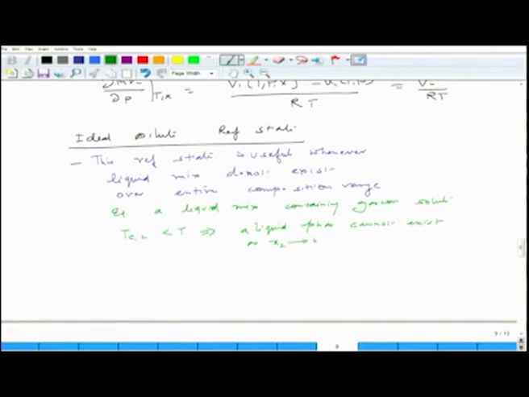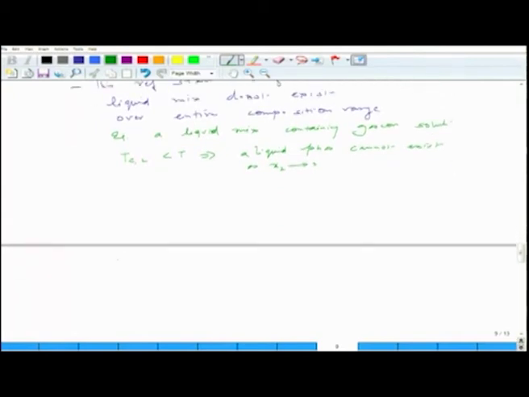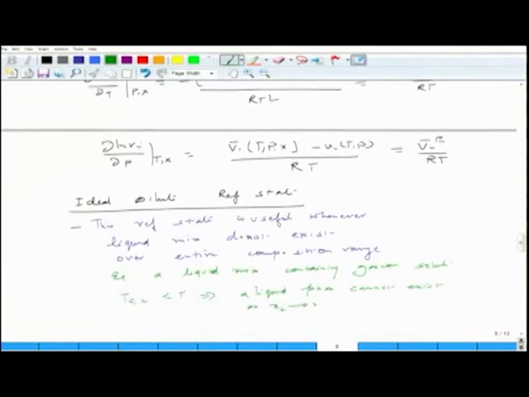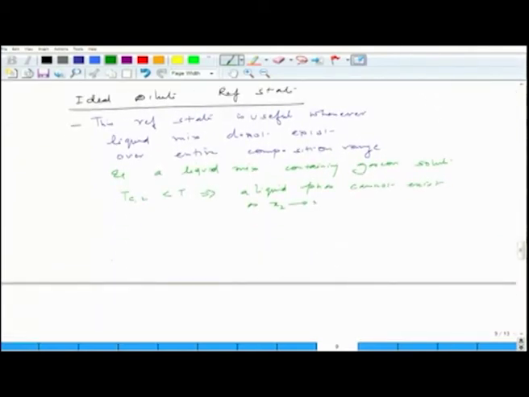Okay. Now, if you want to use the Raoult's law based reference system, and then the relation which we have developed here for the gamma, okay, in order to achieve this we must come up with a hypothetical standard state for species 2 at that particular temperature.